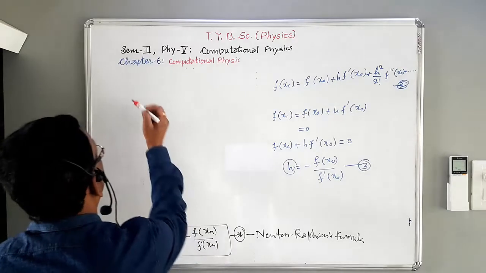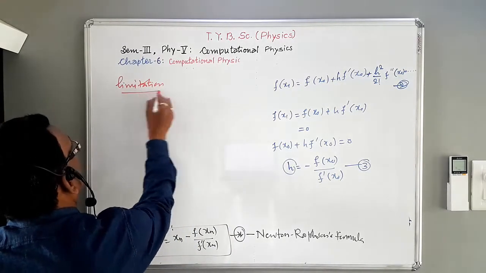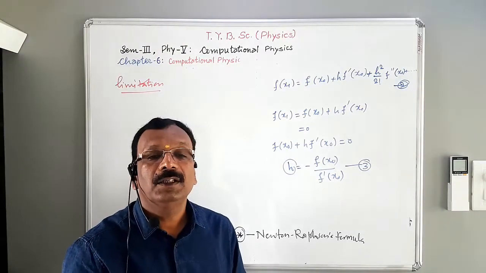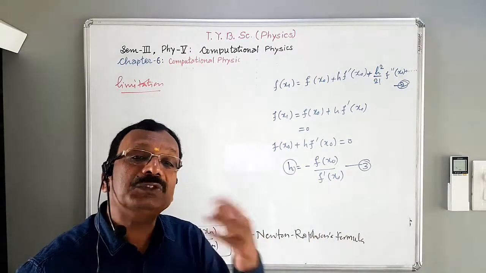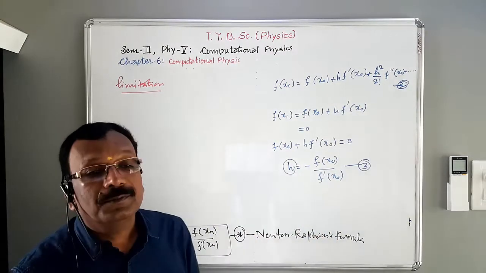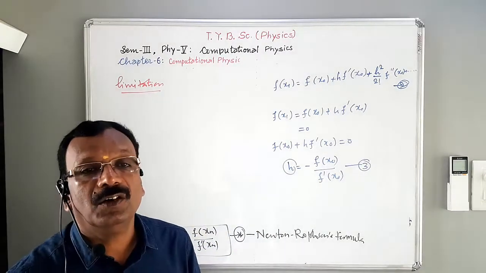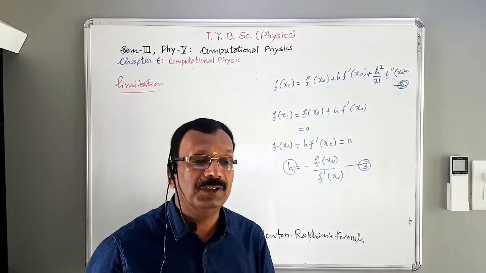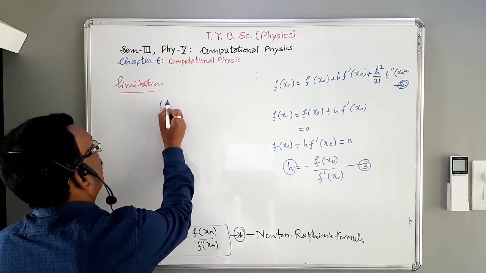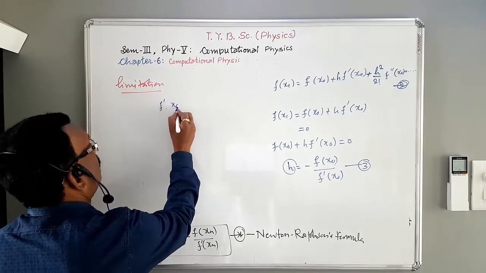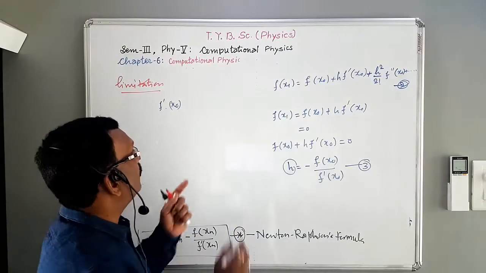What care should be taken by the user? The first care is that for this method, f prime of x0, that is the first order derivative of the given function, should not be equal to 0.